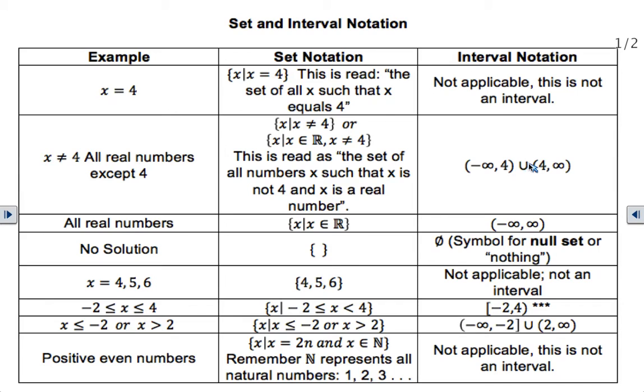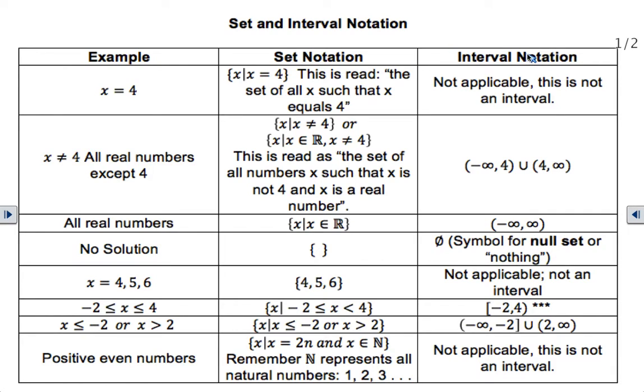It just represents and or. I'm not going to go over all the stuff about set notation in the video just because you've seen this tons and tons of times in Algebra 1, Algebra 2, even in elementary school. The teachers use set notation. Now that we're at pre-calculus, we're pretty much going to stick with interval notation.